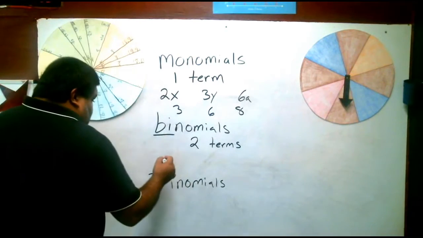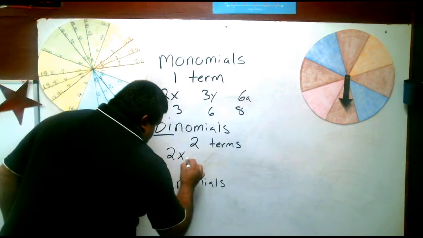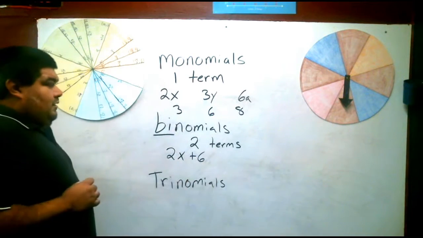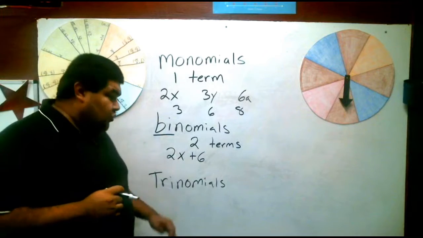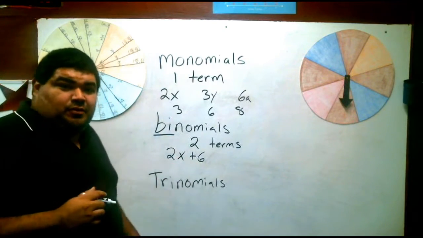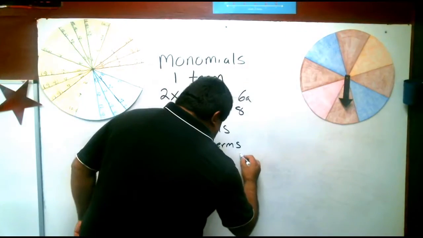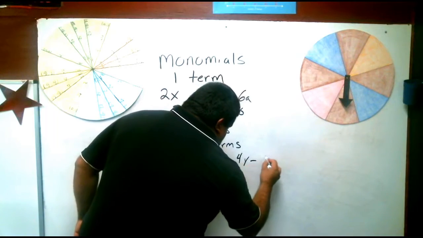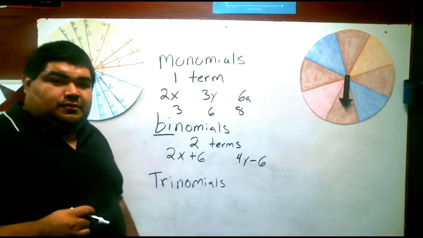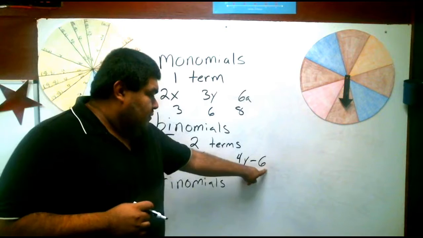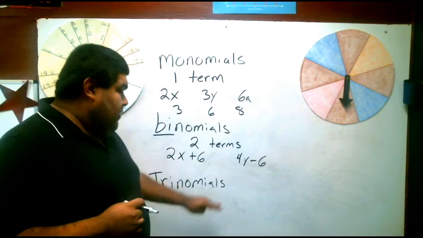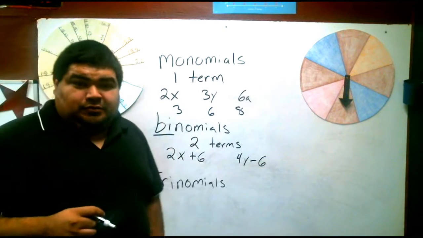So 2x plus 6, those are binomials, two terms. So that's a binomial. You might have 4y minus 6, again, one term, two terms. So binomials.